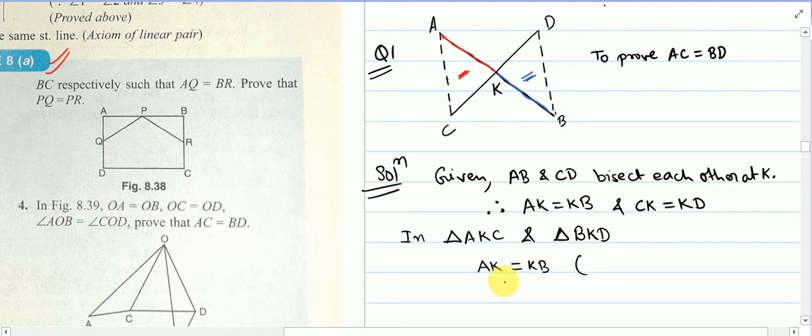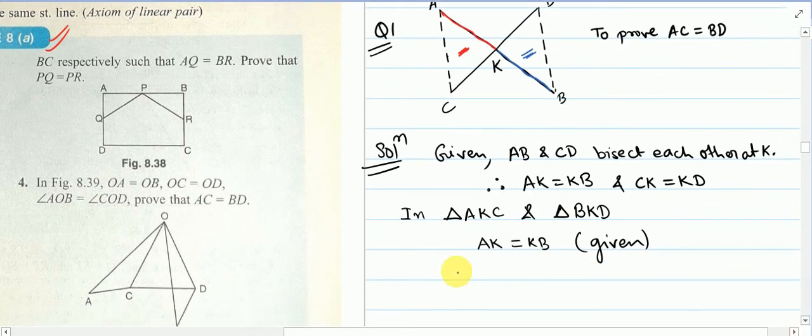On what basis are you writing that they are equal? I should write given, already given to us. And next, your CK will be equal to KD. On what basis am I writing this? Because this is also given to me.